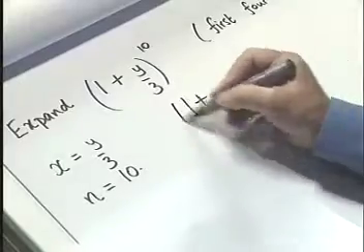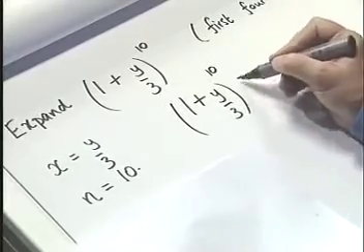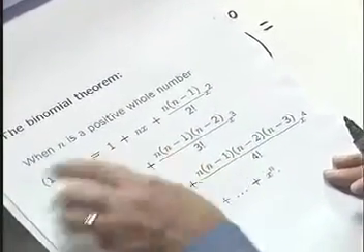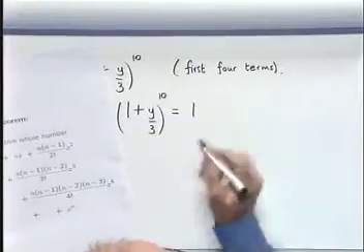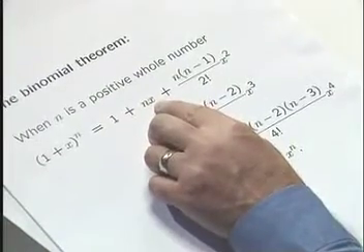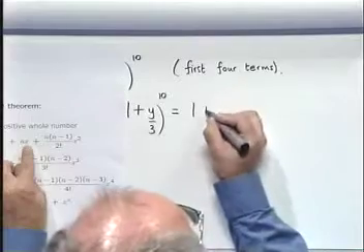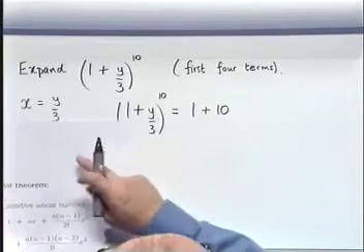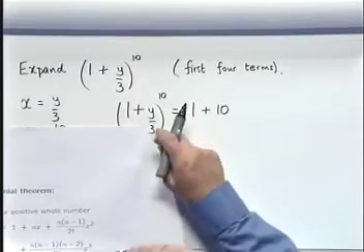We'll have (1 plus y over 3) raised to the power 10 is equal to, well, we start with a 1, as always. Then we'll want nx. N is 10. And we said that instead of x, we're replacing the x with a y over 3.